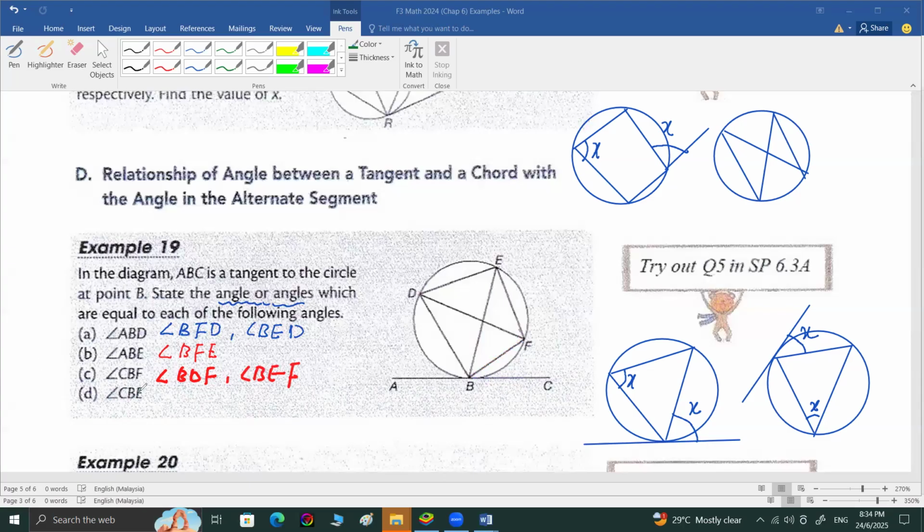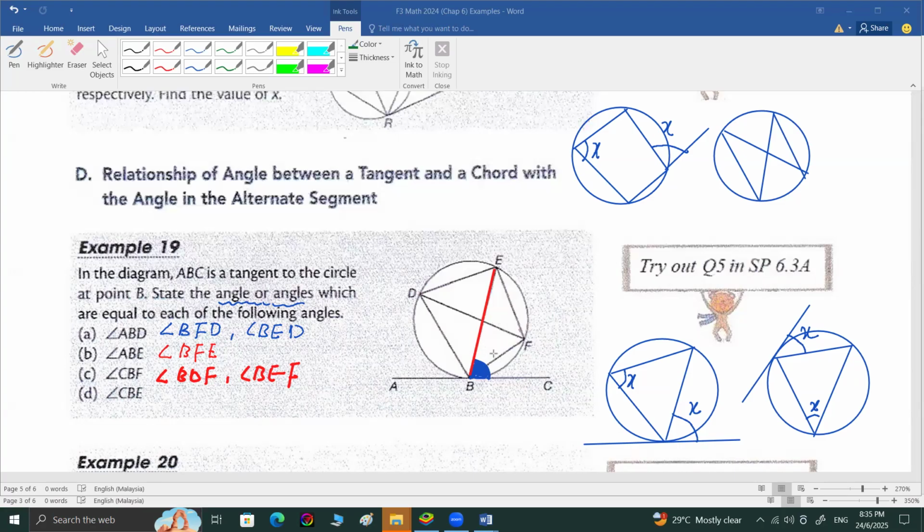Now we see CBE. CBE here. Touches how many triangles? See this line. Okay, so no, it's not two. This one is outside already. It's not this one.